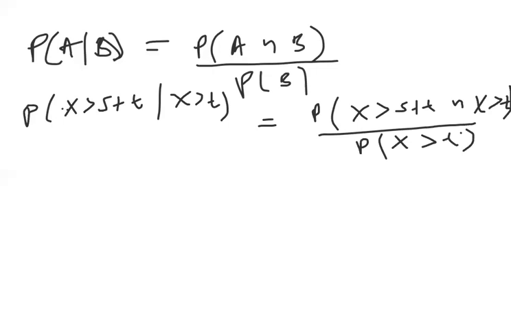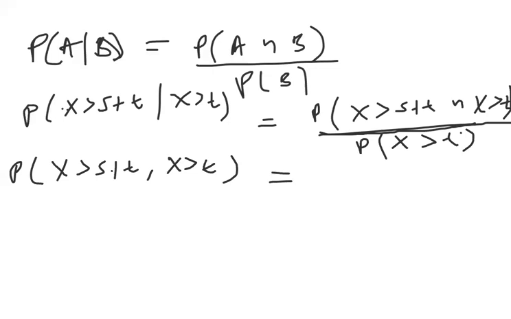Let's look at the numerator part. That's the probability that X is greater than s plus t intersection the probability that X is greater than t.